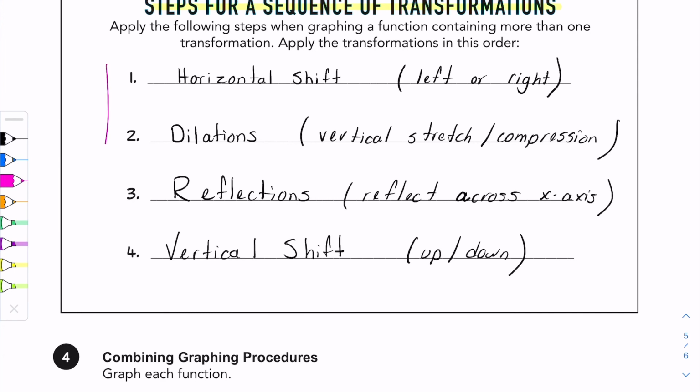Make sure you follow this order because you might end up with a different answer if you do these in a mixed up order, especially if you have a reflection and a vertical shift. These two are the ones that are super important to follow the correct order in. So just to quickly repeat, we have a horizontal shift which will happen first, then our dilations, then any reflections, and then a vertical shift, which is up or down.